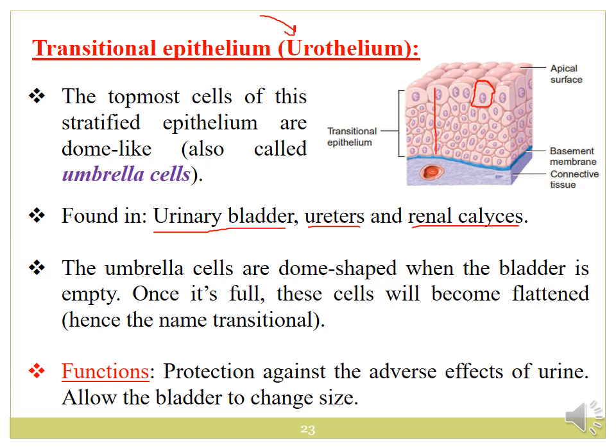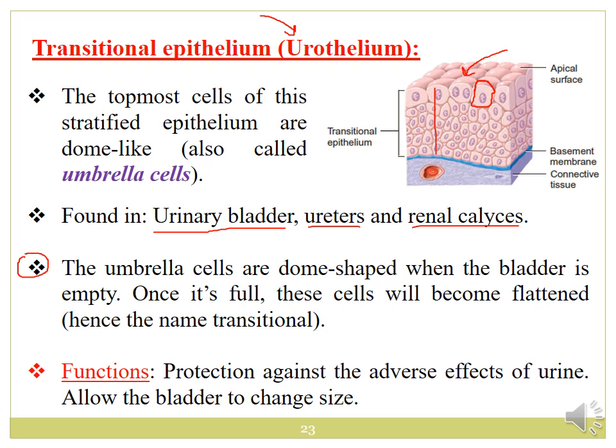Now, why is it called transitional? The umbrella cells are dome-shaped when the bladder is empty. If we take the urinary bladder as an example, and we examine it, we'll see that the umbrella cells, the topmost cells of this epithelium, are dome-shaped when the bladder is empty.